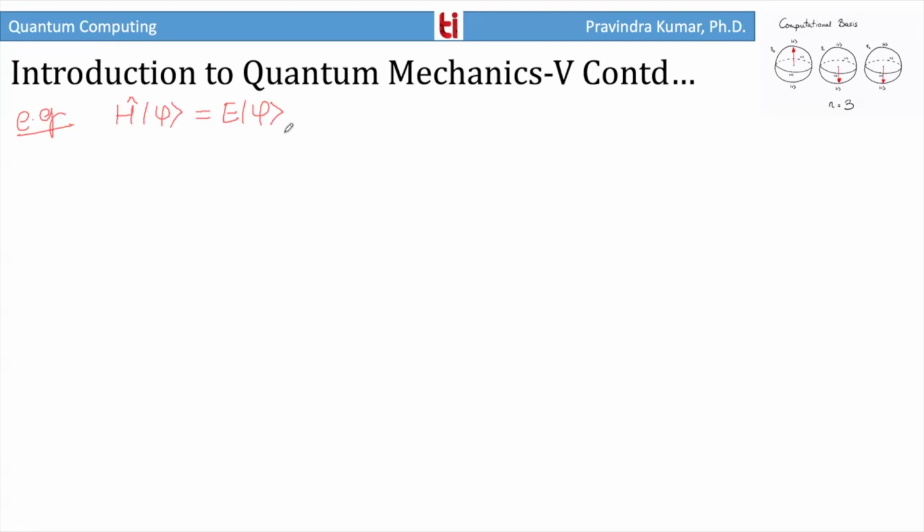This is an example of an eigenvalue equation. Here H is the Hamiltonian operator, psi is the eigenfunction, and E is the eigenvalue. In this equation, the Hamiltonian operator operates upon a wave function psi to produce energy times the wave function.